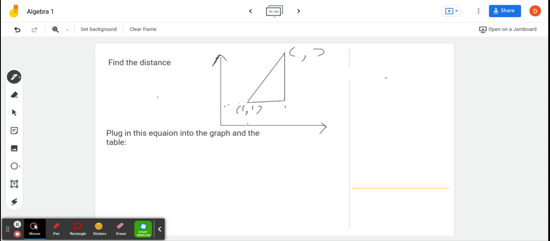So here, let's just say that's about 3. And let's just say that's about, I think 4 would be nice. And then why not just give them the equation right off the bat? Just d equal.